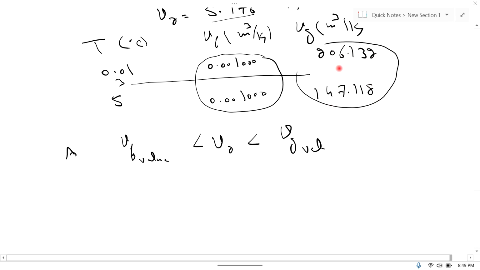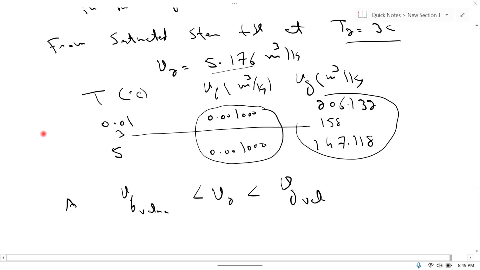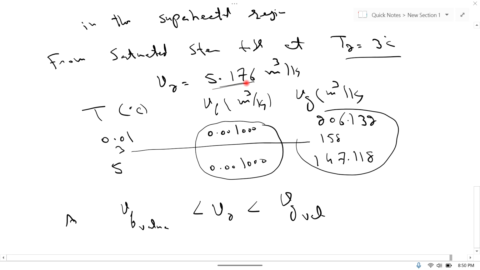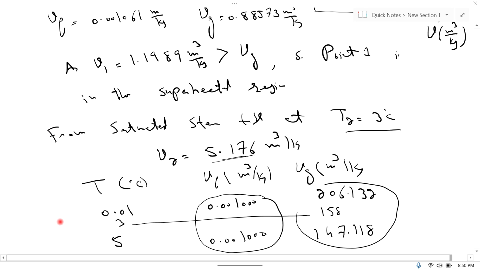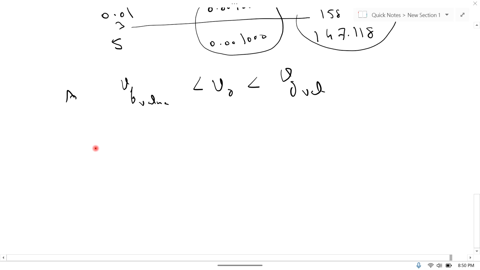Let's suppose this is 158. V2 is 5.616, very small. It means that V2 is in between these two values, between Vf and Vg. So as V2 is greater than the Vf values and less than the Vg values, point 2 will be in the mixed region.